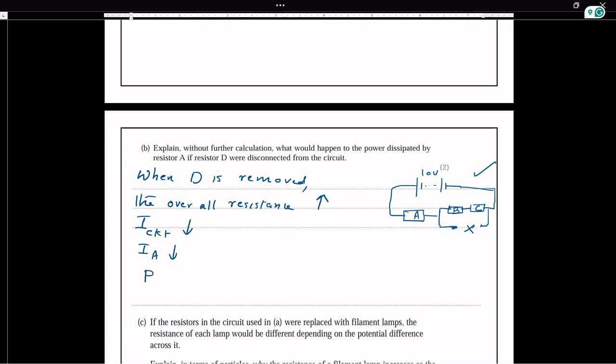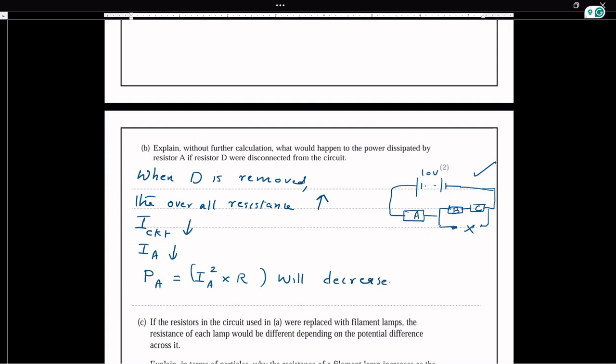Therefore, the power of A, which is I square times resistor R, will decrease.